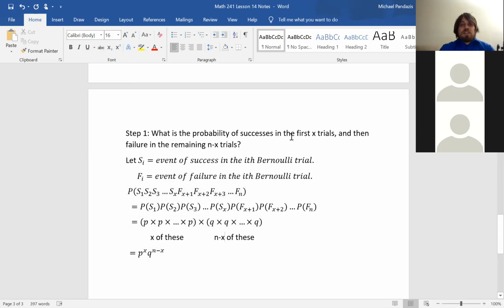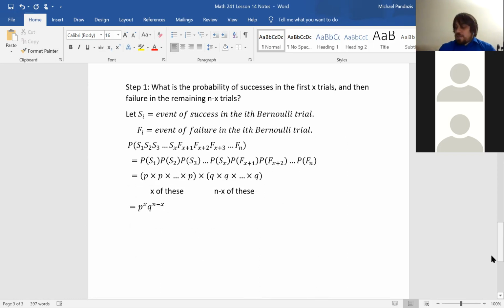That's the probability of success in the first X trials and then failure in the remaining N minus X. Okay, so that's the first thing. Step 2.